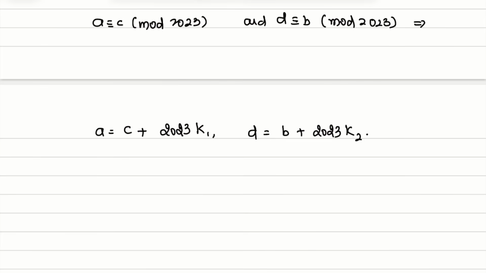Here what we want is ABCD to be distinct and positive. That is our condition.